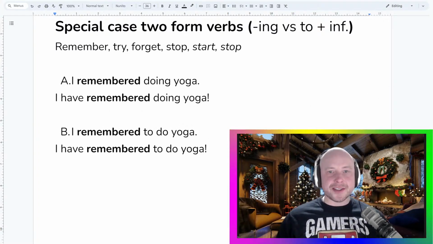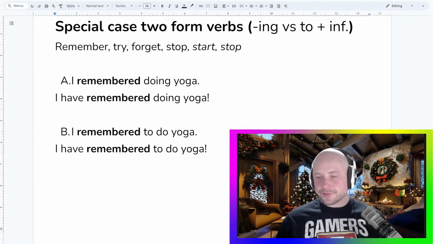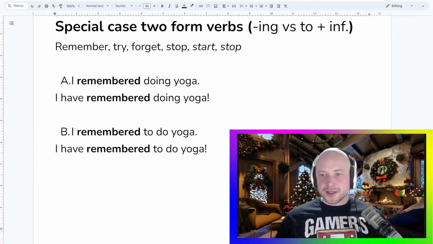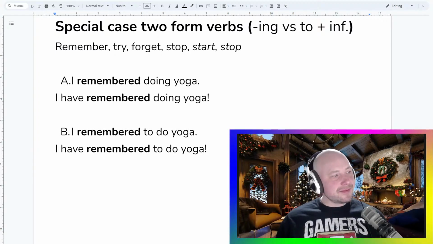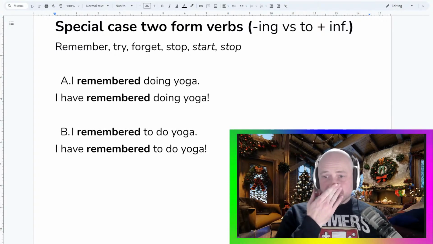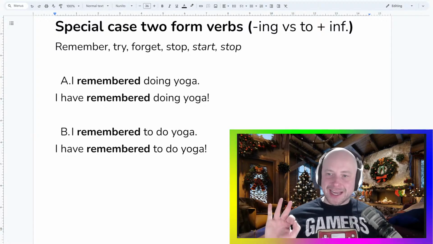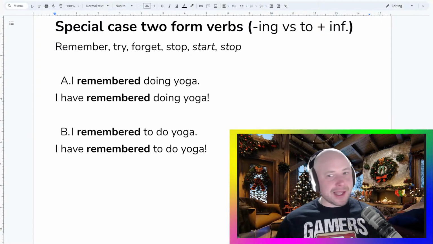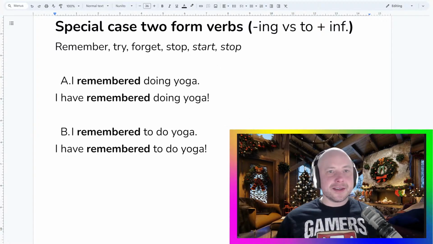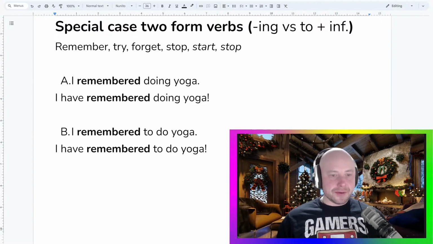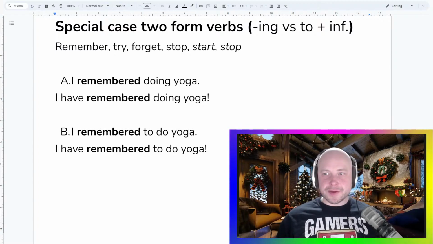Let's see what you guys say in the chat. Julia says B is in the present time. Not quite sure what that means. Zoya says A is remember the act of doing, and B is I didn't forget to do. I like that. Thank you. That is lovely. Just give me one moment. I'm going to do something clever.